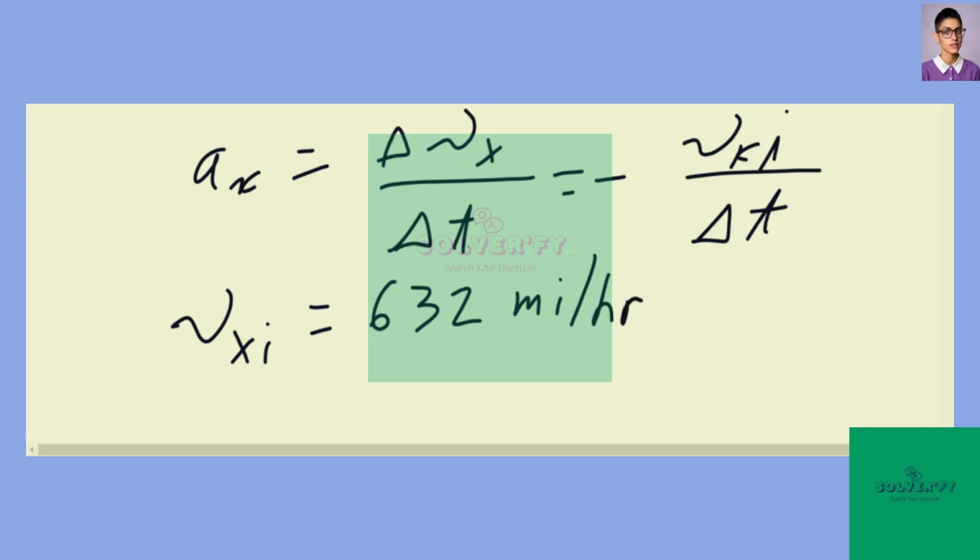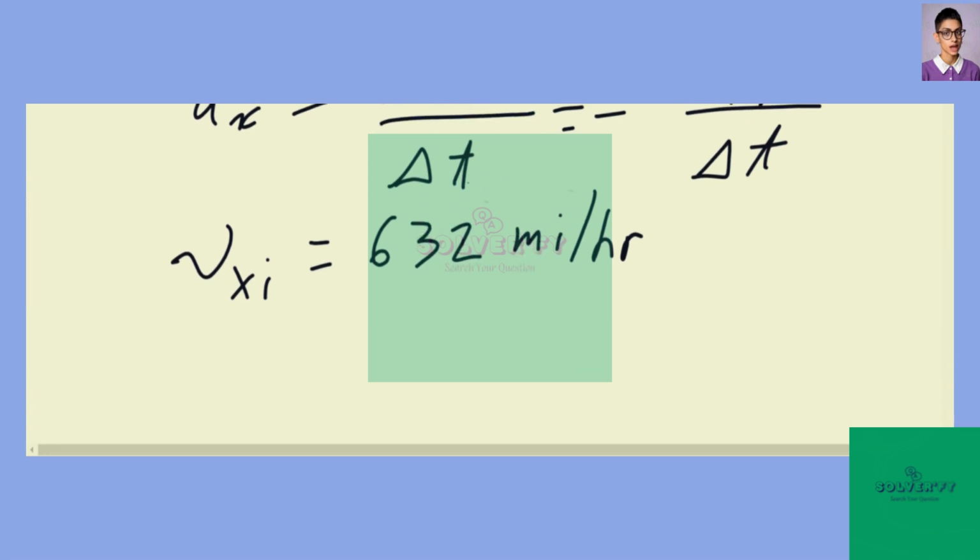And then to convert it to meters per second, we need to multiply by the number of meters in a mile, which is 1609 meters per mile, and then also multiply that by the number of seconds per hour.